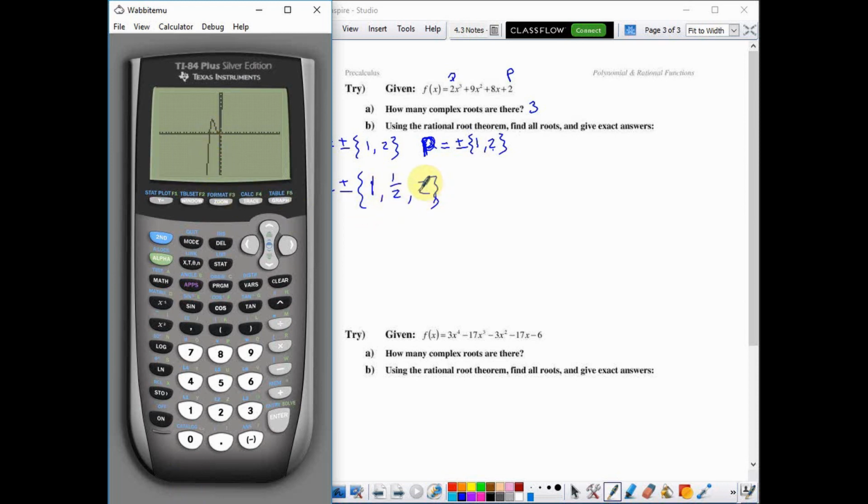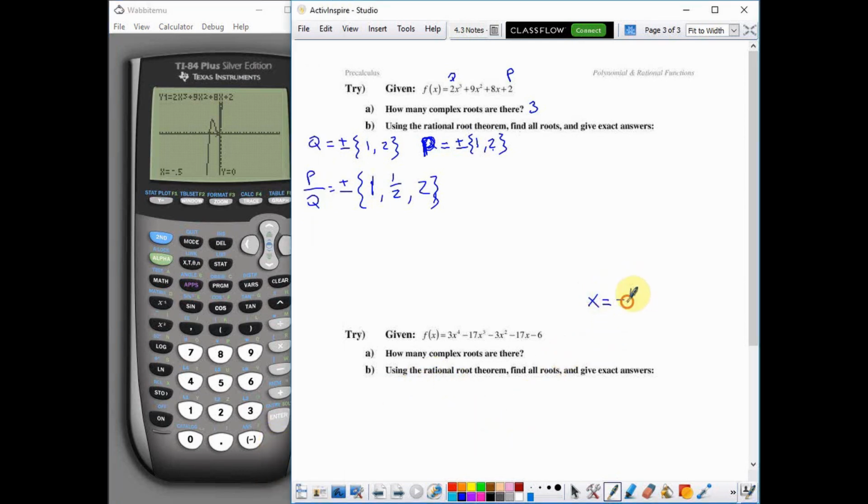So that definitely won't work. Maybe right here, -1/2. So we'll trace -1/2 and see if that works. And it does. I get an output of 0. So one of my solutions is x equals -1/2.